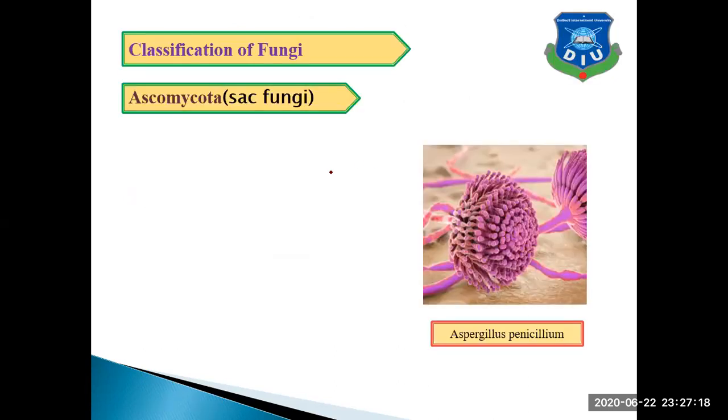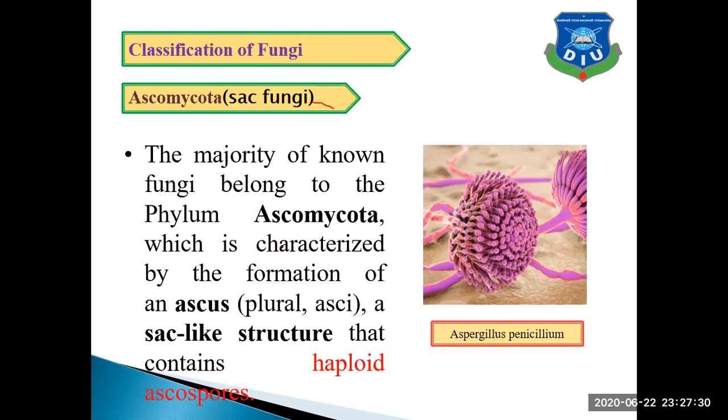Another classification is Ascomycota, or sac fungi. As the name says, there will be some sac-like material there. They form the ascus, a sac-like structure where their spores are present.